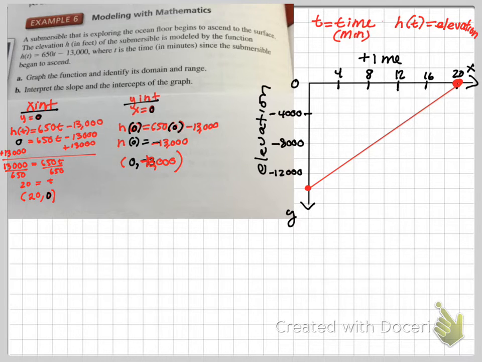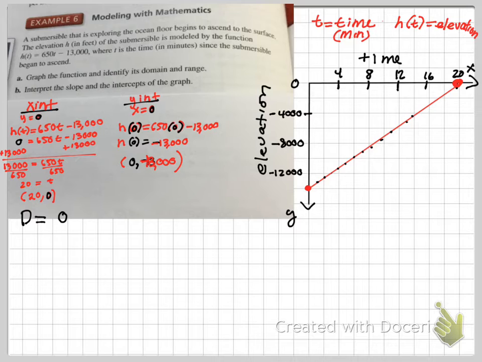In identifying our domain and range, I'm going to keep alternating colors. Now the domain. What I mean by the domain is what is x allowed to be? And x is really talking about the time. Every one of these points on this line is an ordered pair. So where am I picking up my x's from? What would be my minimum value? In this case, my minimum value starts at 0.